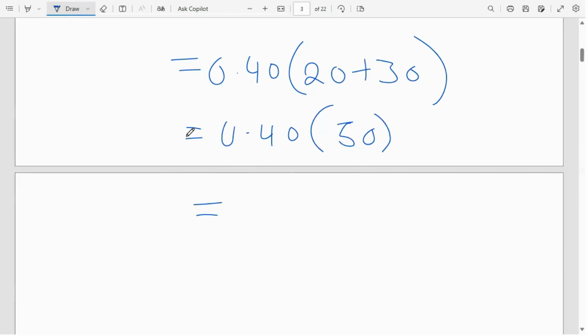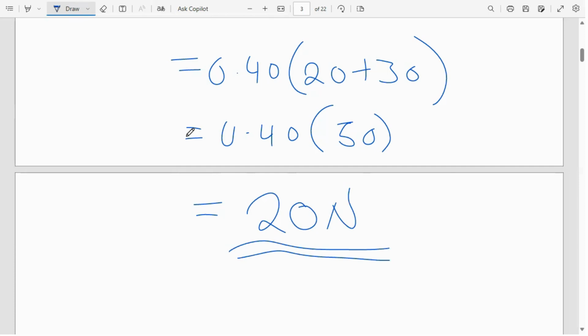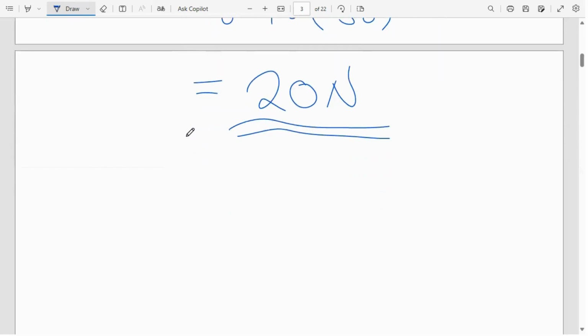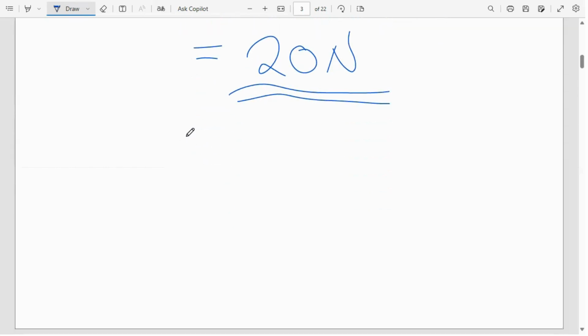This is going to give us a final answer of 20. Remember, the SI unit of impulse is going to be newtons, which means the impulse that was produced during the collision was equal to 20 newtons. Okay, so that was question A.